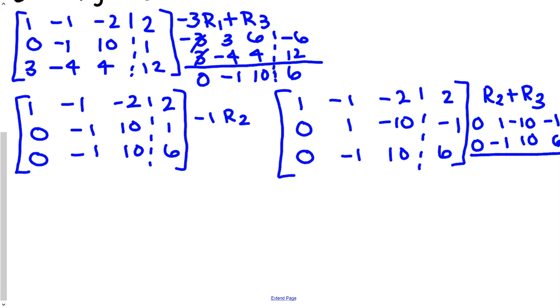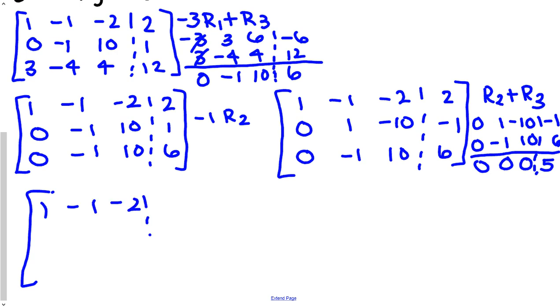And I get 0 plus 0, 1 minus 1, 10 minus 10, 6 minus 1. So let's write our new matrix, and then we'll handle that little problem in one tiny second. Row 2, 0, 1, negative 10, negative 1, and 0, 0, 0, 5.